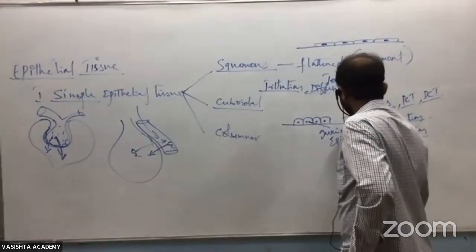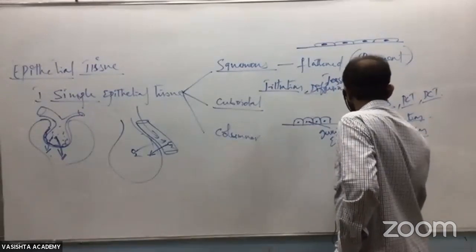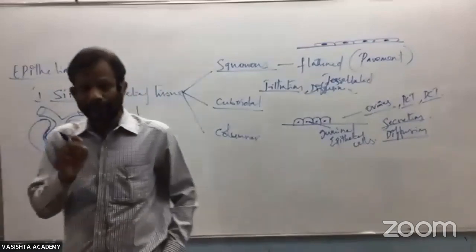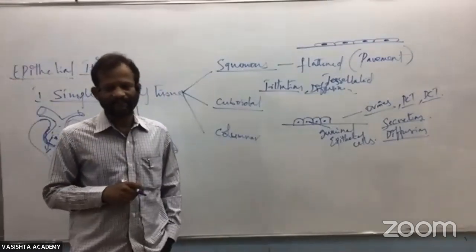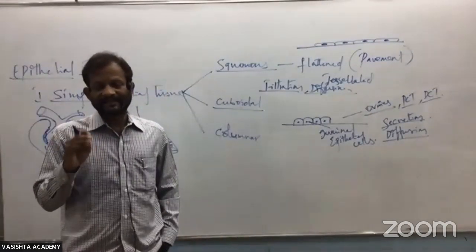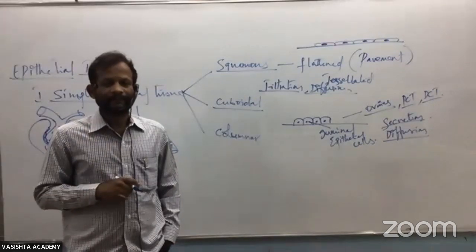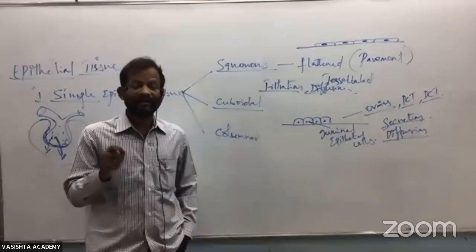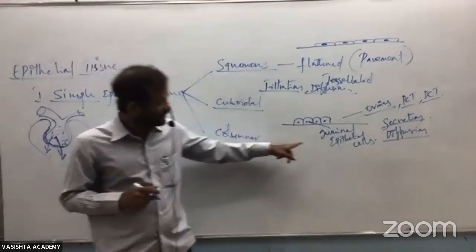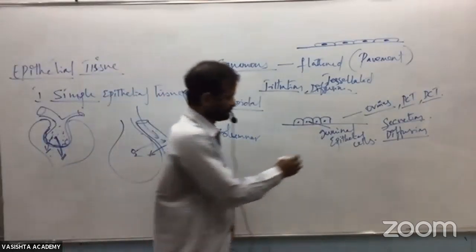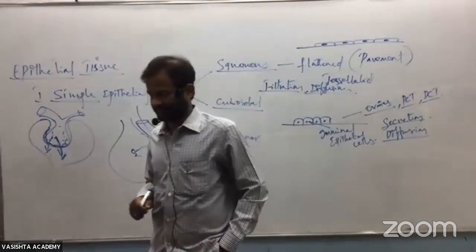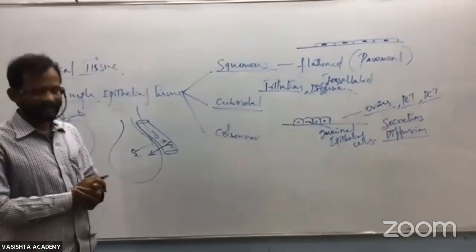So these simple cuboidal cells will become germinal epithelium, and those cells will develop into eggs or gametes. That's why we call them germinal, which develops into gametes. So that is also very important.